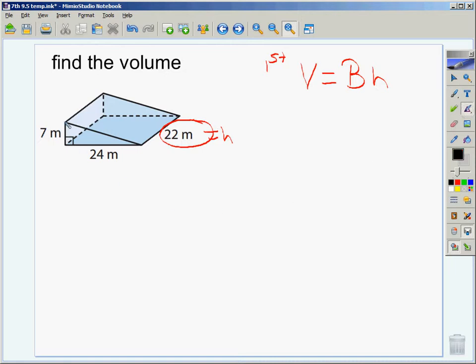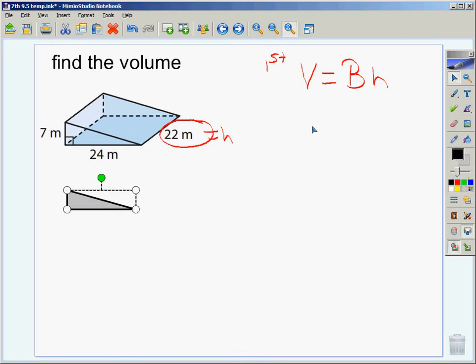And so that you can see it, I'm going to trace out this base that's on the front. Okay? This one on the front and this one are what? They're the same. And the distance that this has to travel to get from the front to the back is the height, which is this 22 that's here.